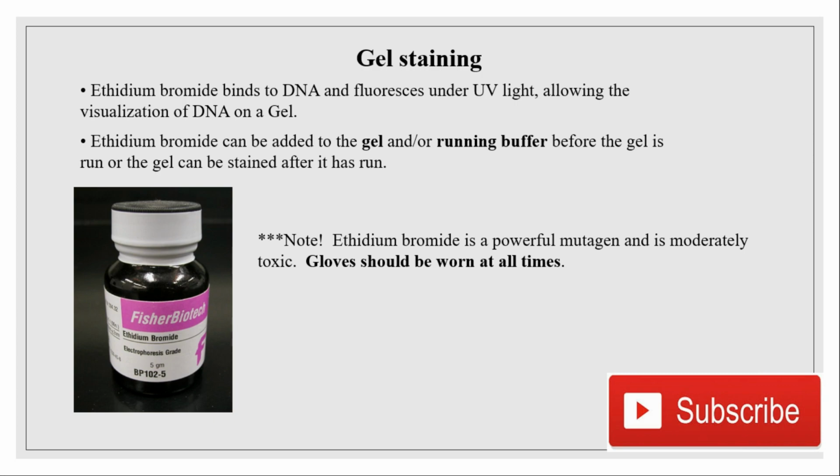So essential precautions should be adopted when we are using ethidium bromide during gel electrophoresis staining and while working in the lab. Gloves and the overall that you are wearing should be compulsory for all the time when you are working in the lab.